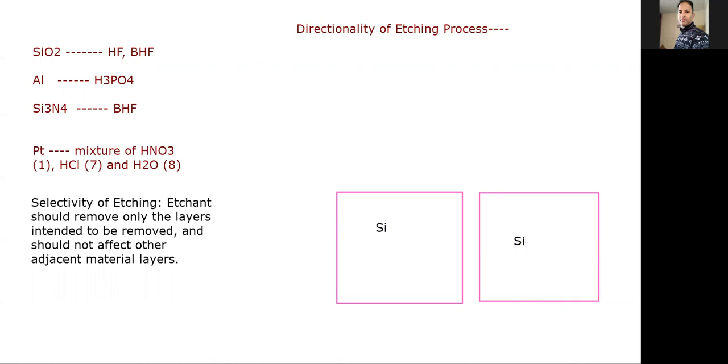Above silicon, let's draw, we have an oxide layer.